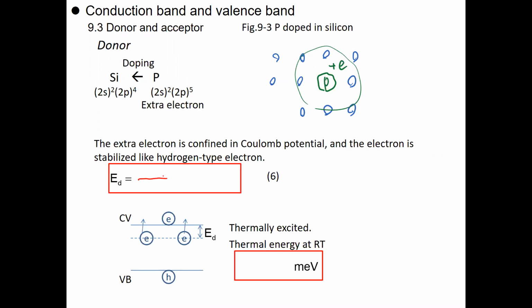It can be calculated like E equals m e to the fourth over 2 h bar squared epsilon squared, which is equal to, about 0.1 electron volt.